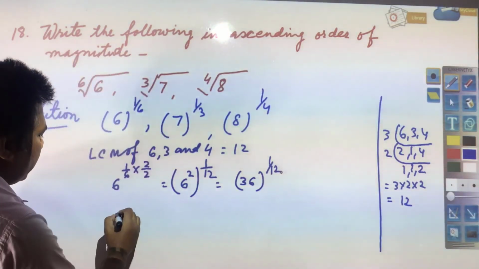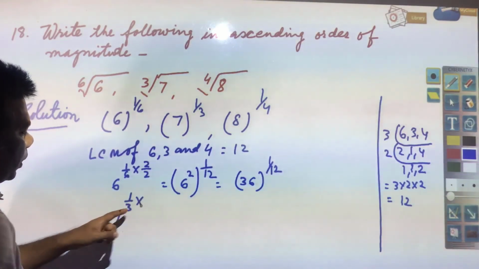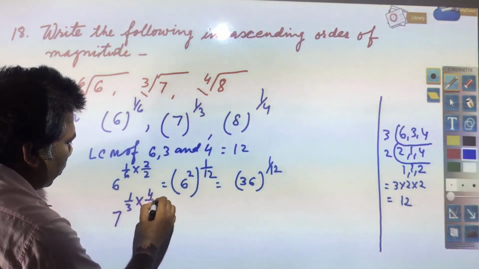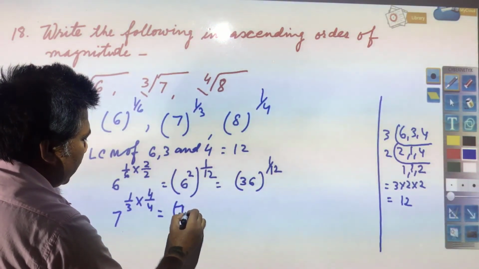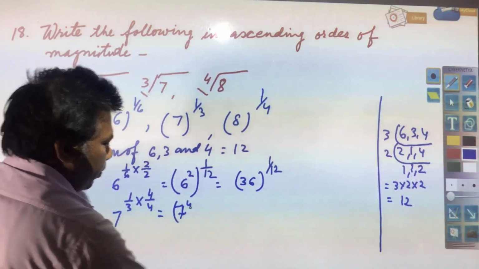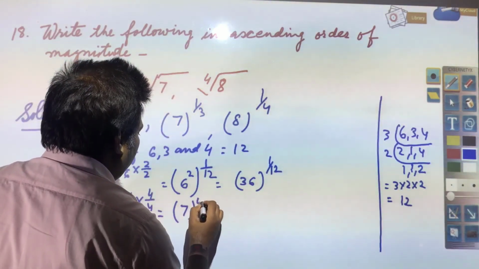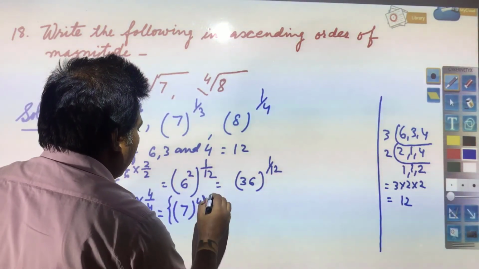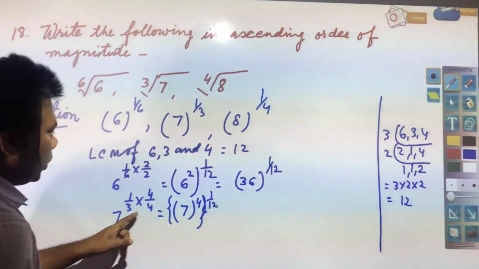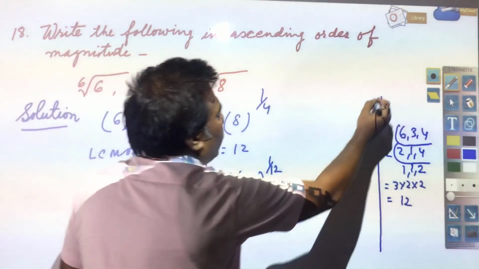Second number you have 7 to the power 1 by 3. It is required to be multiplied with 4. So, this will be 7 to the power 4 and to the power 1 by 12. 4 3s are 12. It means you multiply 7 4 times.